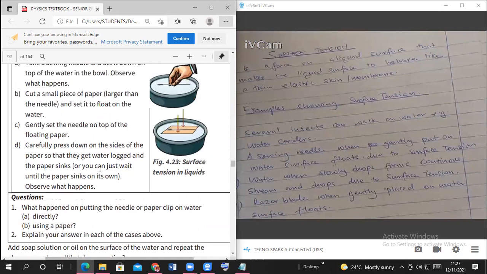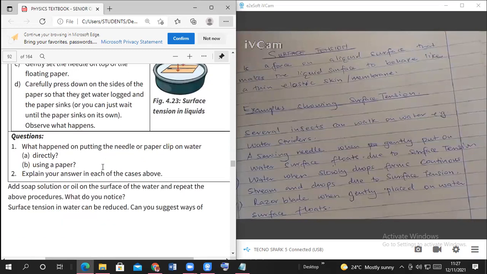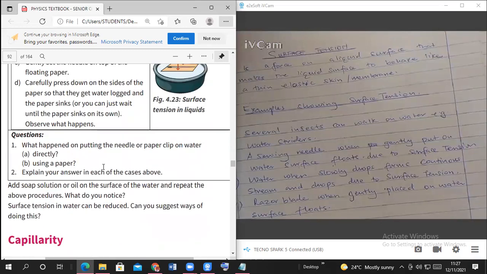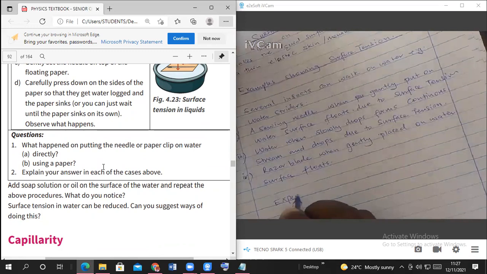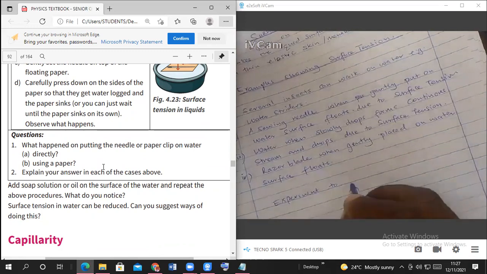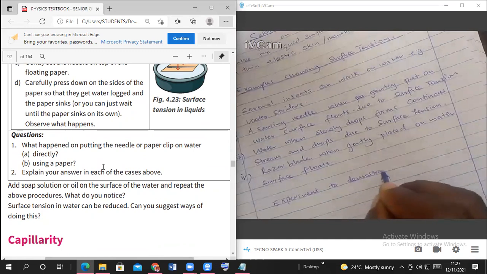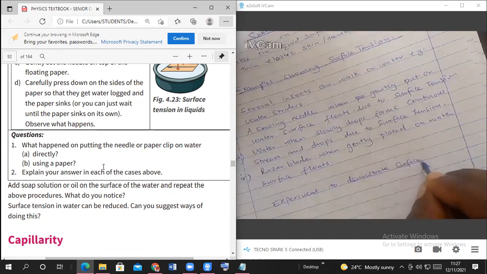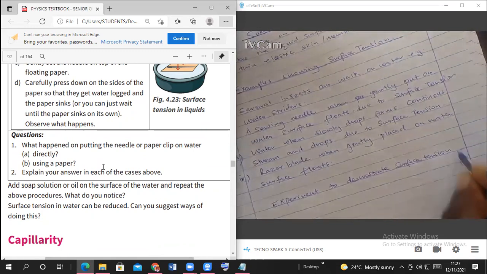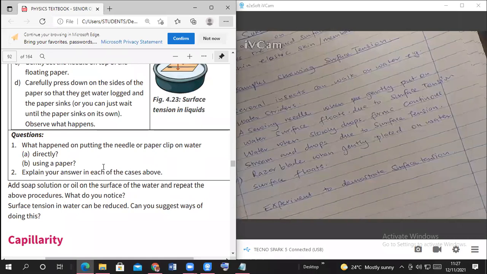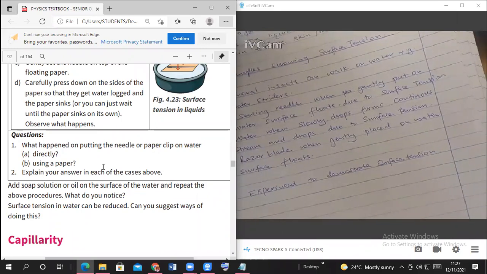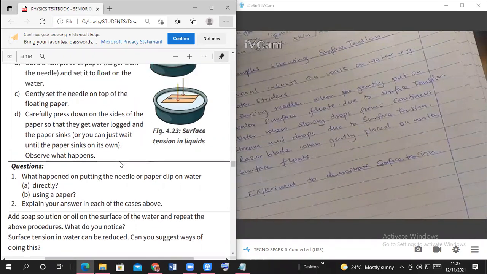So in your books, I want you to write this: an experiment to demonstrate surface tension.